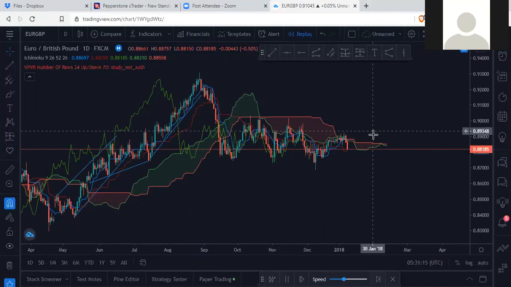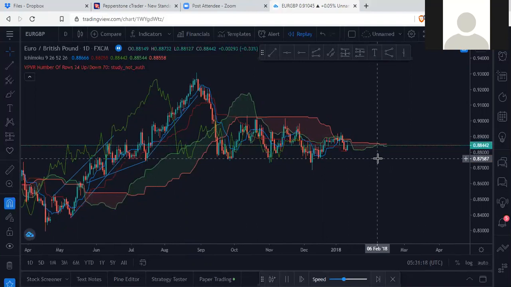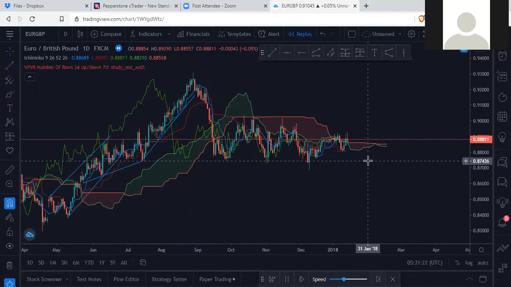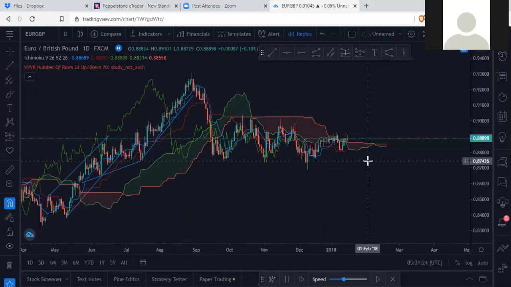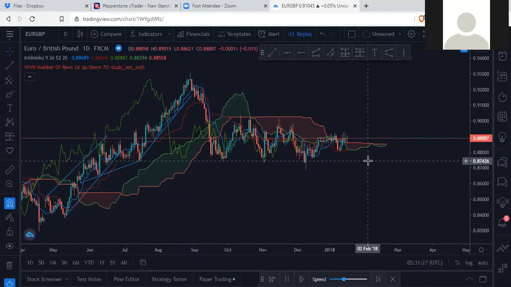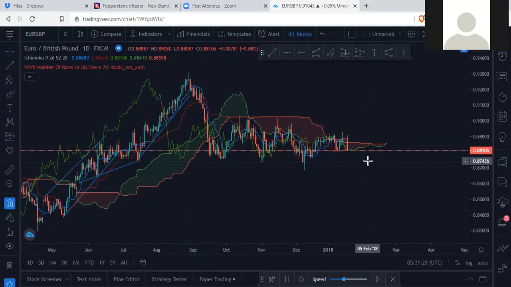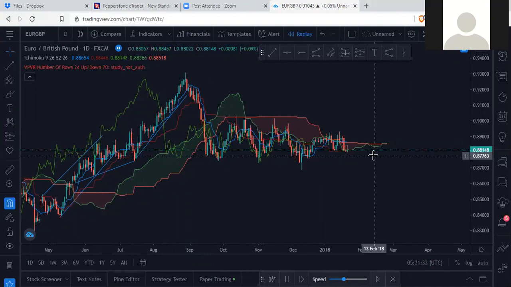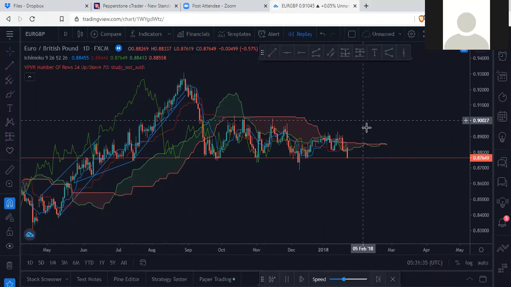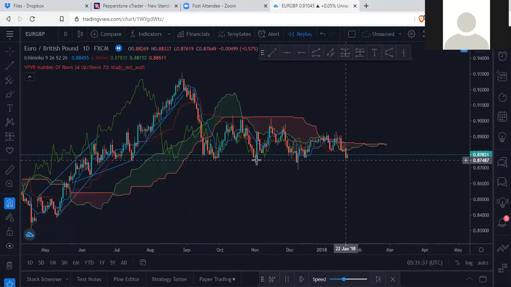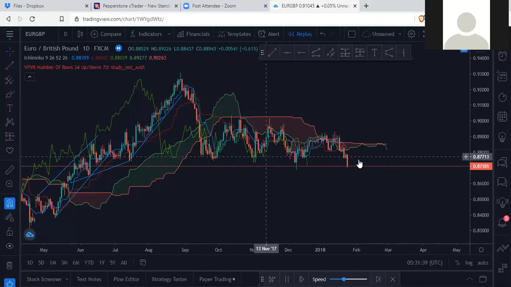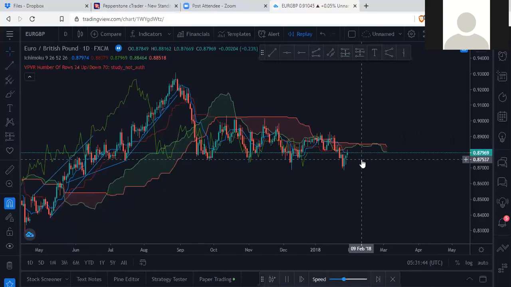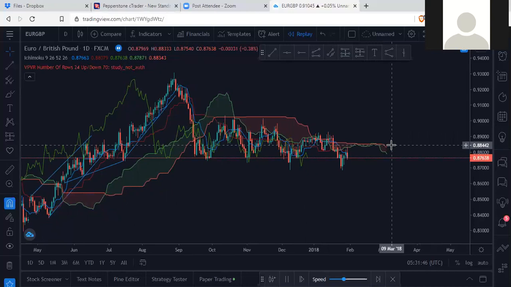Chikou is above here. All right, it's breaking. So most probably, but it's a thin market.